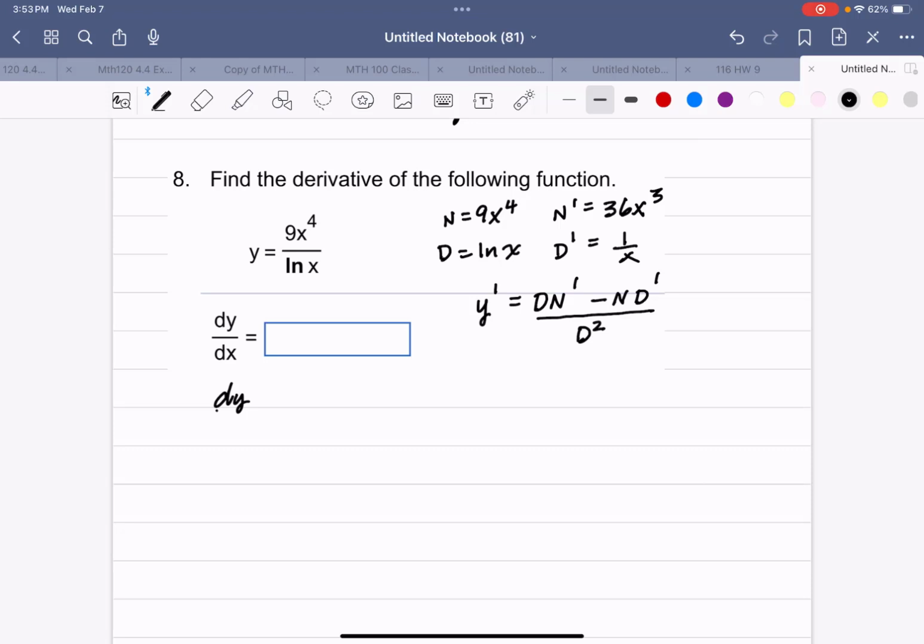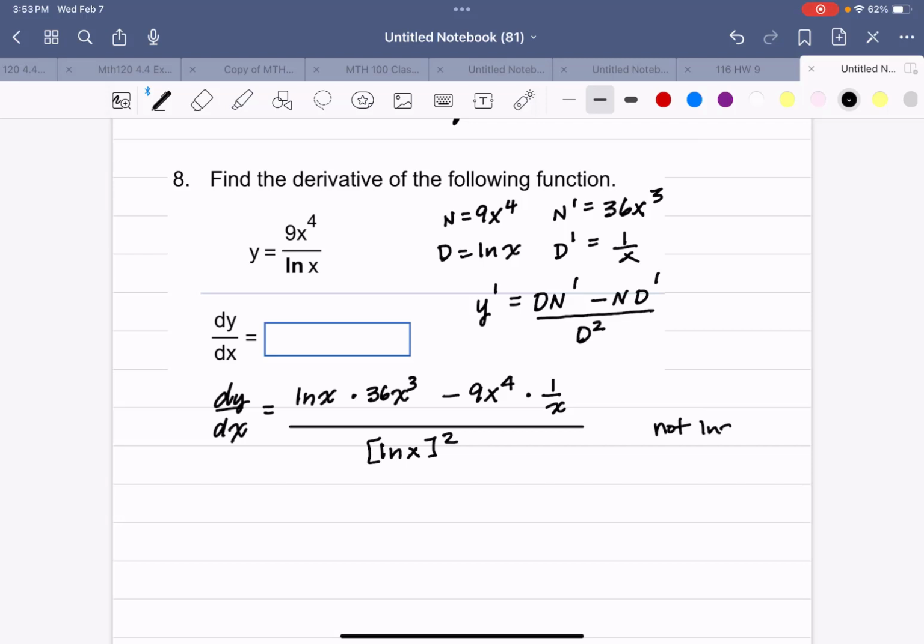So my dy dx, my derivative of y with respect to x, is the natural log of x times the derivative of the numerator, so that's denominator, times the derivative of the numerator, minus the numerator, 9x to the 4, derivative of the denominator, 1 over x, and all of that is over the original denominator, natural log of x, and look, you've got to put this in parentheses or brackets. That square, it's not the natural log of x squared, it's the natural log of x, then squared. So make sure you put parentheses or brackets there.